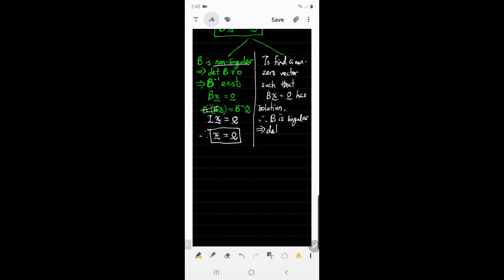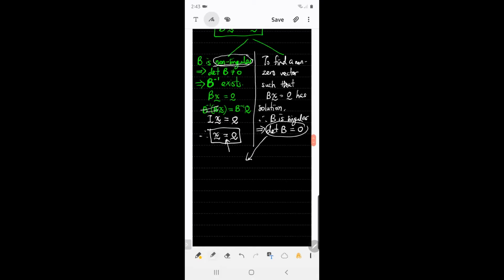Just now we said that B is non-singular, therefore the determinant of B is not equal to 0, and then you obtain the 0 solution. So in order to find a non-zero solution, the determinant of B must be equal to 0. Correct? And therefore, the story continues here.